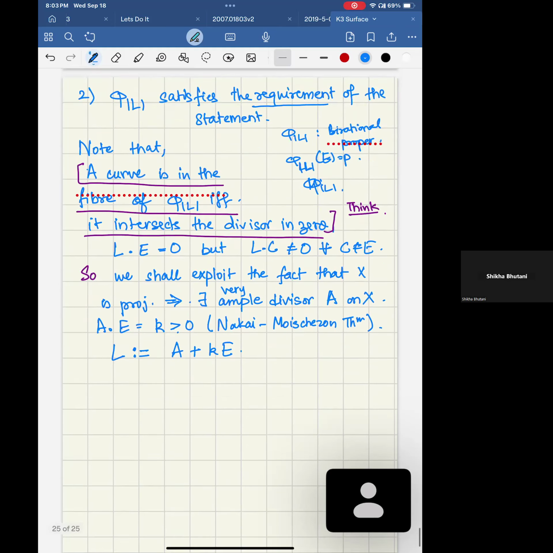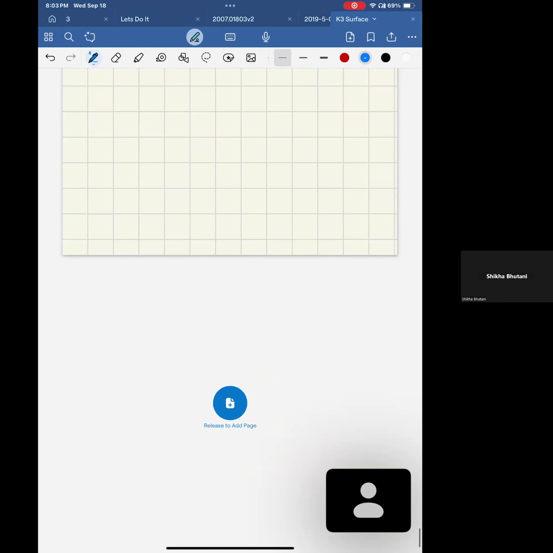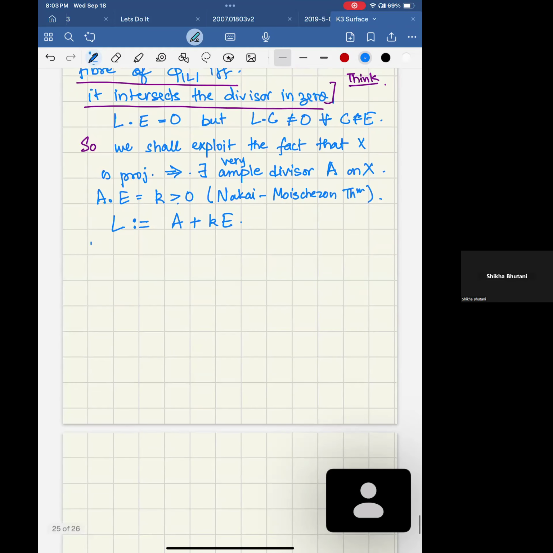Now notice that if I take the intersection of this L with E, it's going to be A times E plus K times E times E, which is going to be K minus K equals 0. Correct? And if I take the intersection of this L with any other curve C, that's going to be A times C plus K times E times C, which is going to be greater than 0.